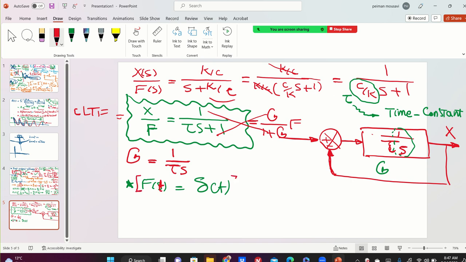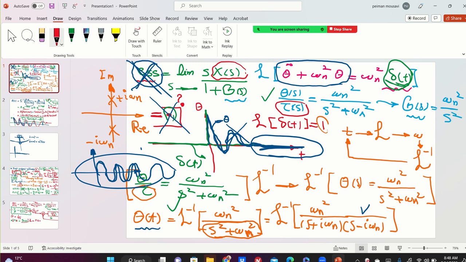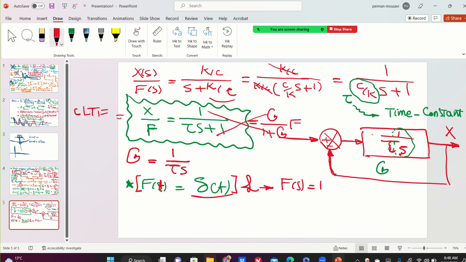Having Laplace of that, you're going to set F(s) as how much? Laplace of the impulse. Look at your table, I just taught it today. What was the Laplace of impulse? 1. So here you have to put 1.